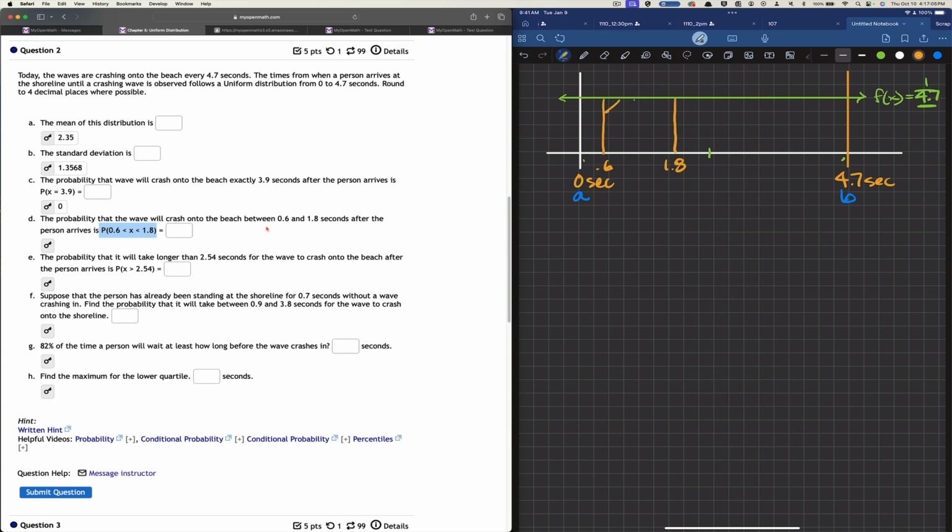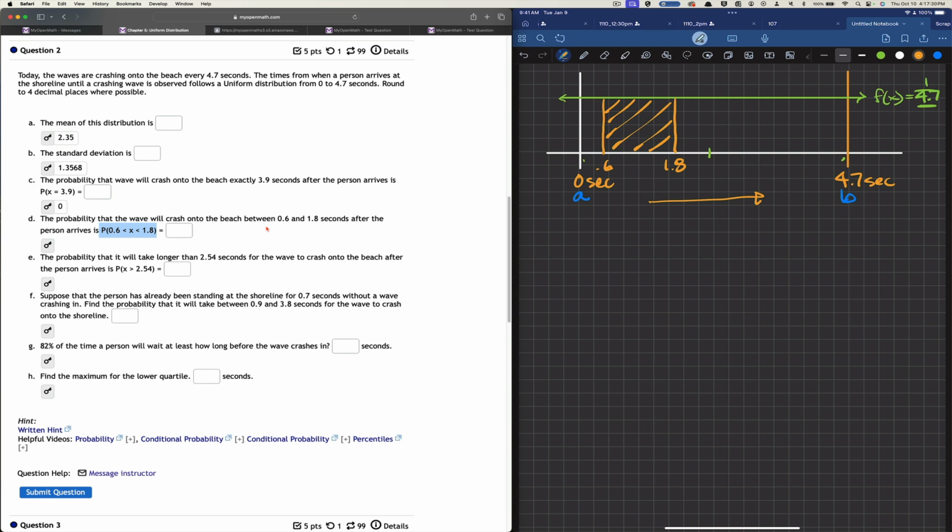And so they're really asking for the probability of a wave crashing in between 0.6 and 1.8 as the time progresses that way. Like as soon as I walk to the top of the stairs going down to the beach, if that's the kind of beach we're at, and somebody's down there looking at me, and I show up, they're waiting for a wave crash. They turn their head and look at the beach and wait for the wave to crash.